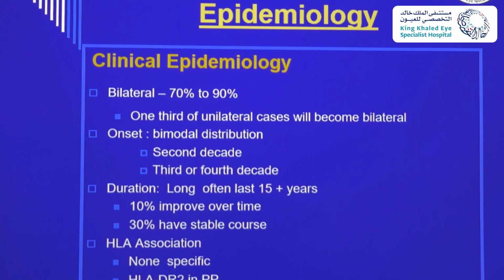When you look at the further characteristics, it is usually bilateral in 70 to 90%, and one third of patients might start with unilateral disease and then be confirmed to be bilateral.